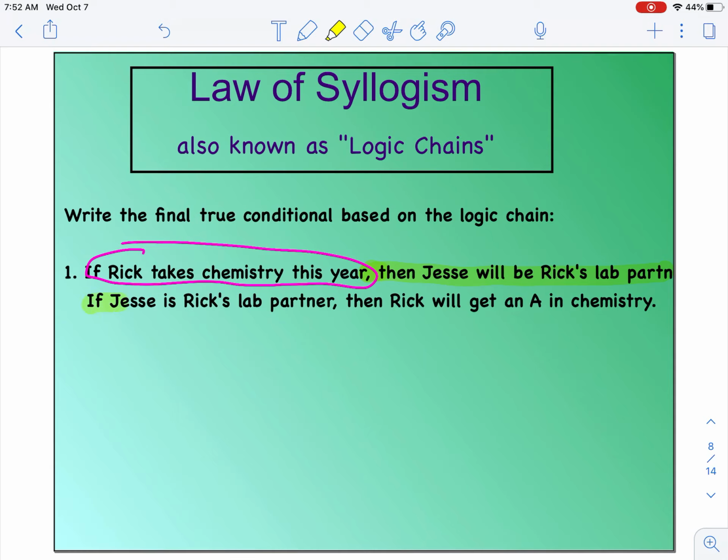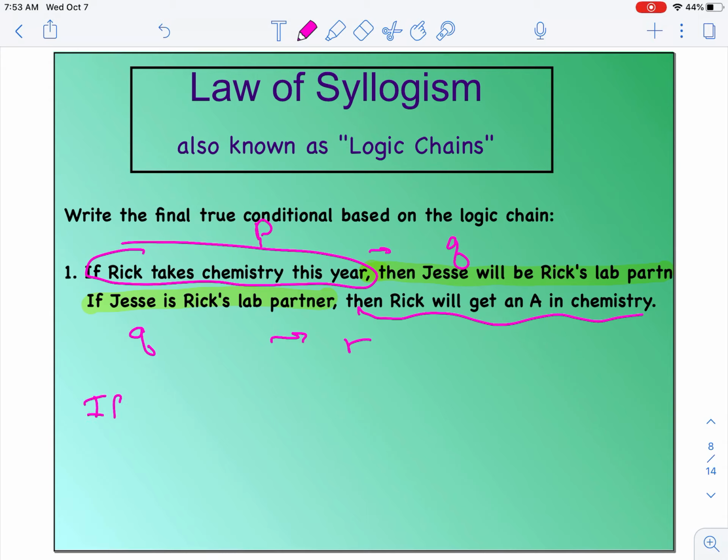And that conclusion right here now became our next hypothesis, leading to this conclusion. So you could kind of think about it is, if this was P, then Q, and then Q leads to R. So now we have then P leads to R. So that might be another way to look at it symbolically.